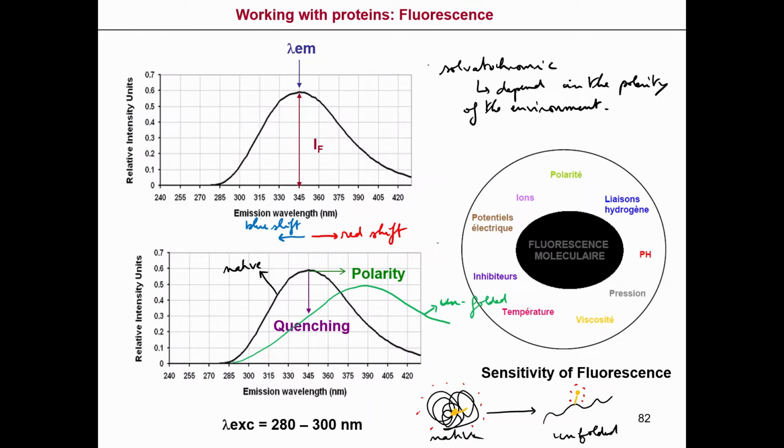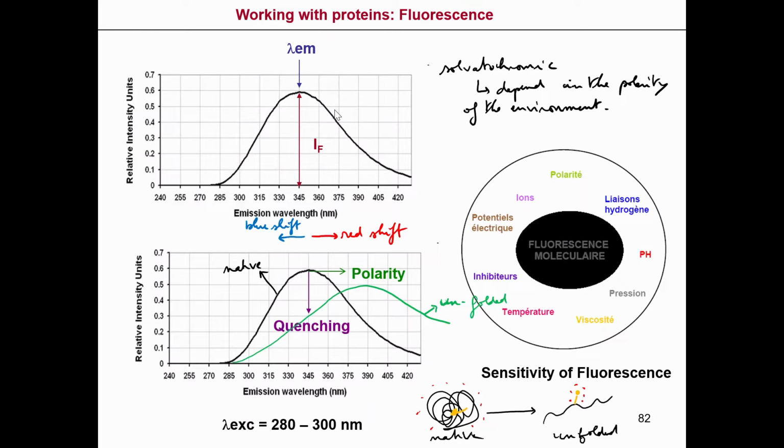So the increase in emission wavelength always happens when the polarity increases. Yes. Okay, I understand. Thank you. And we will see an example. When you have aggregation, it means that you avoid the water. You will observe a blue shift this time because you decrease the polarity this time. Okay?